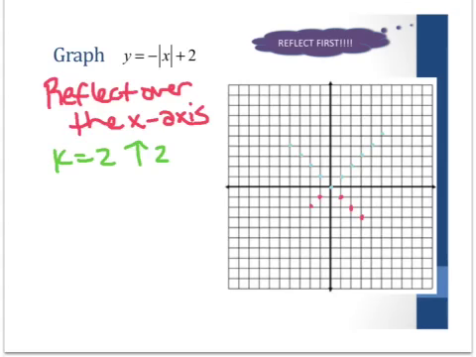Now the vertex is not going to move because it's actually on the axis. Now I need to take all of these points and shift them up 2 for my k being 2. So my new vertex is going to be 0, 2.